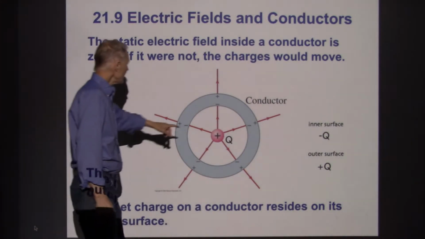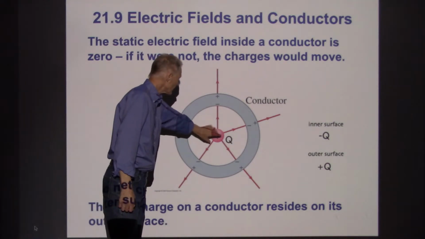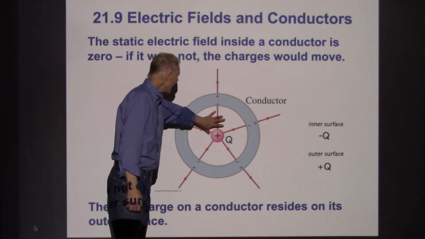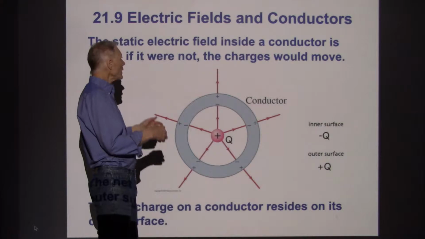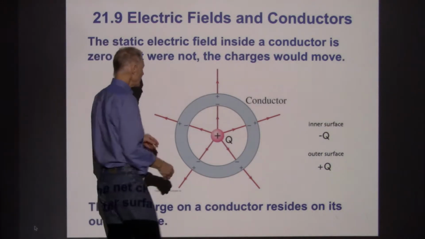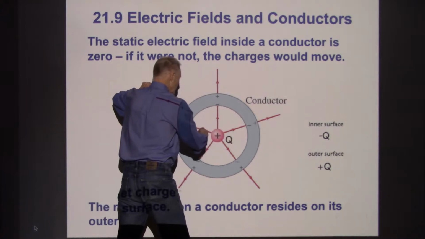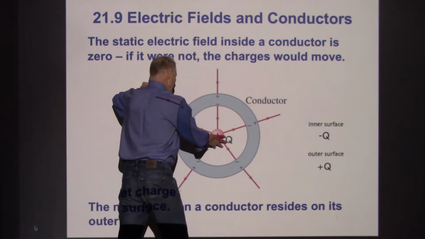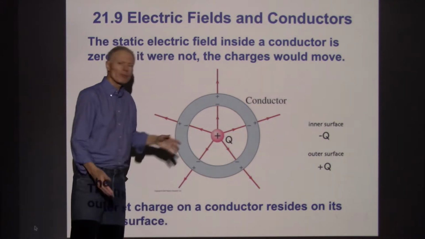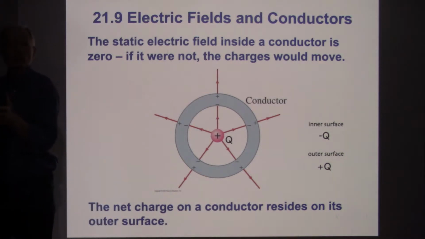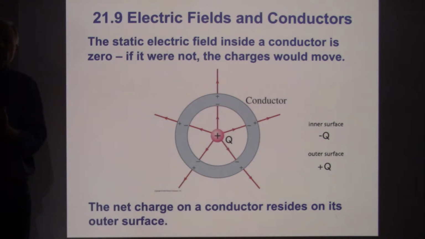I'm going to take a sample that has charge on it and place it at the center. The field line approach tells us that these electric field lines are going to be directed away from a positive charge. What happens when the field lines reach a conductor and terminate?